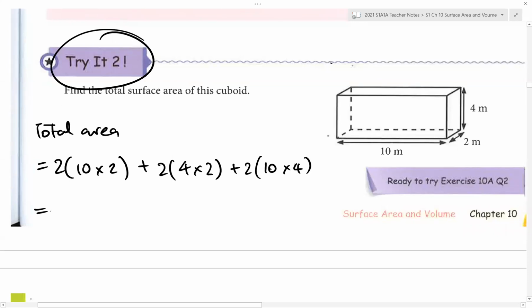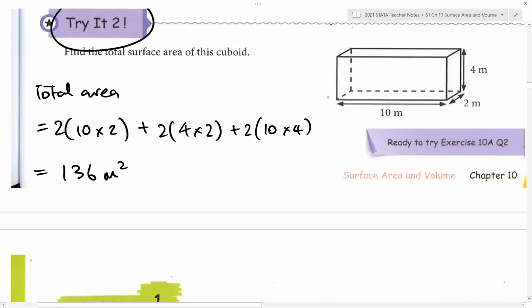Okay, altogether how much? Is it 136? 136. Okay, that's for try it 2.